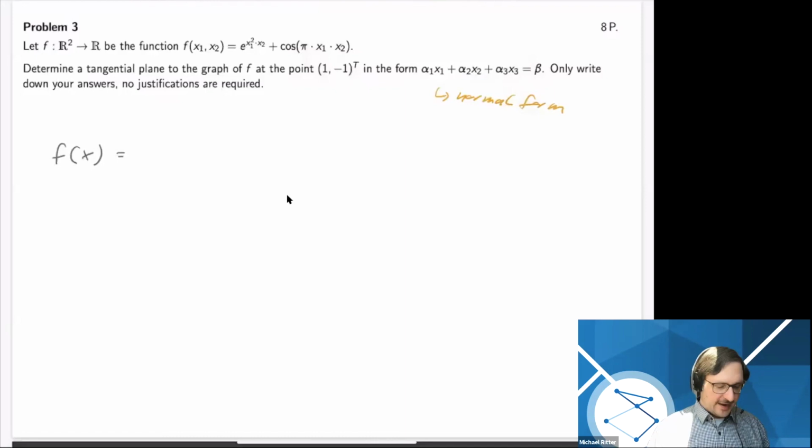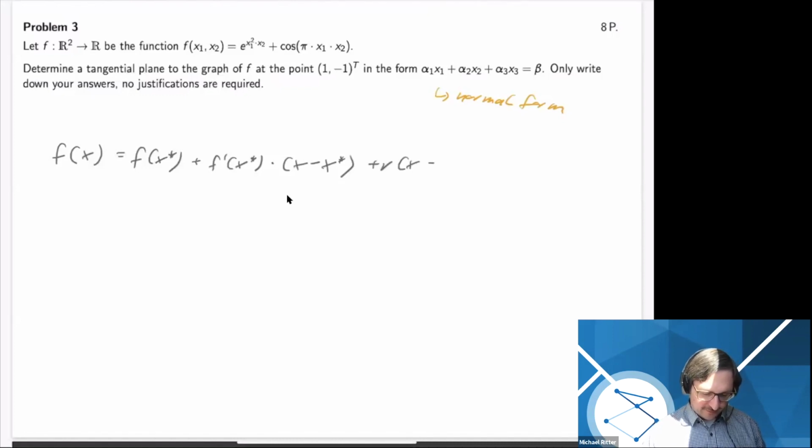F at some point x is equal to the function value at a point x star that we want the approximation at, plus the differential at the point x star times x minus x star, and then plus this remainder at x minus x star.